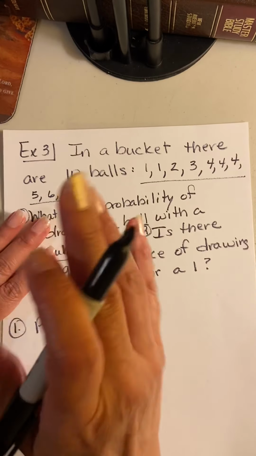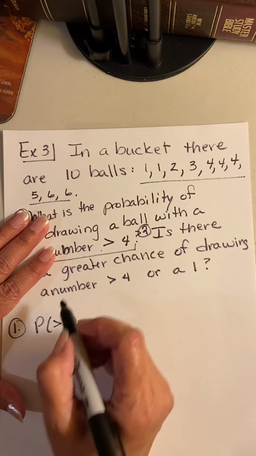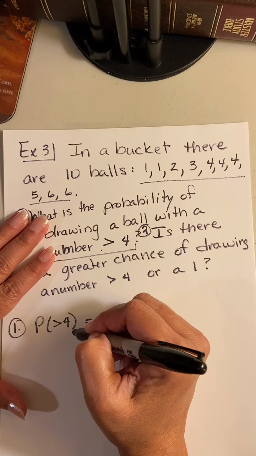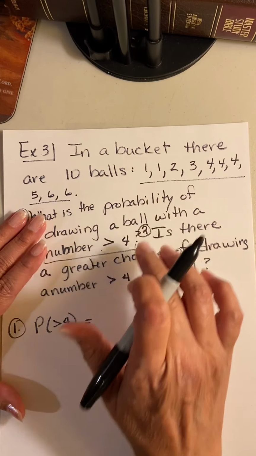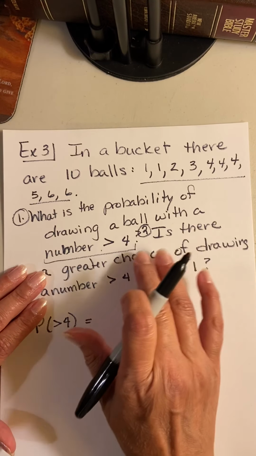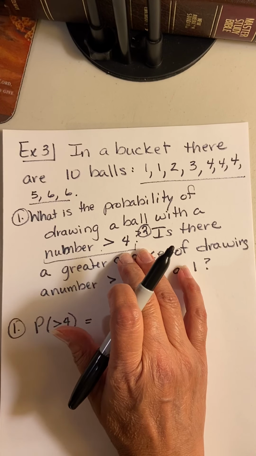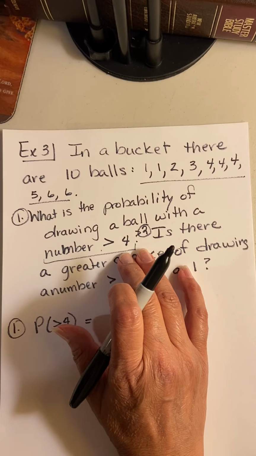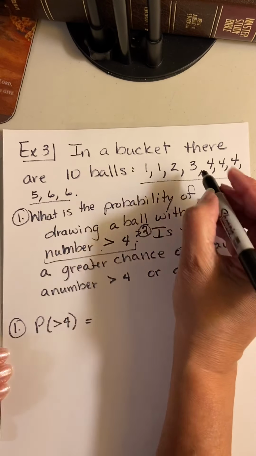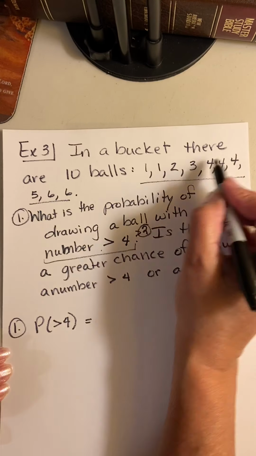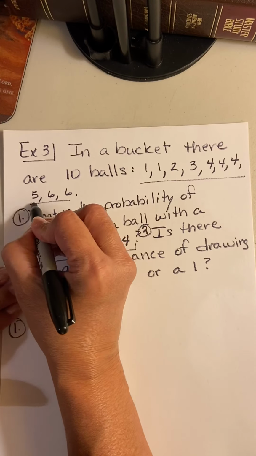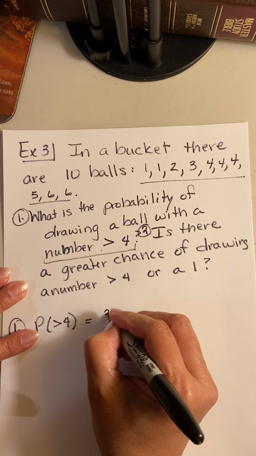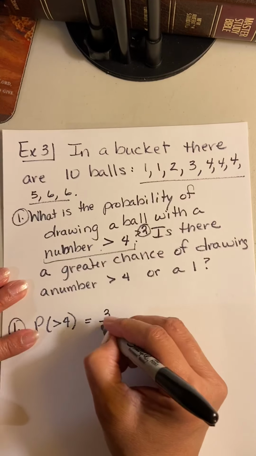So the probability of greater than 4, okay, does it say greater than or equal to? Let me make sure I'm not messing that up. I think it says greater than 4, all right, it is greater than 4. So none of these count, but 5, 6, and 6. And there's 1, 2, 3 options out of 10.